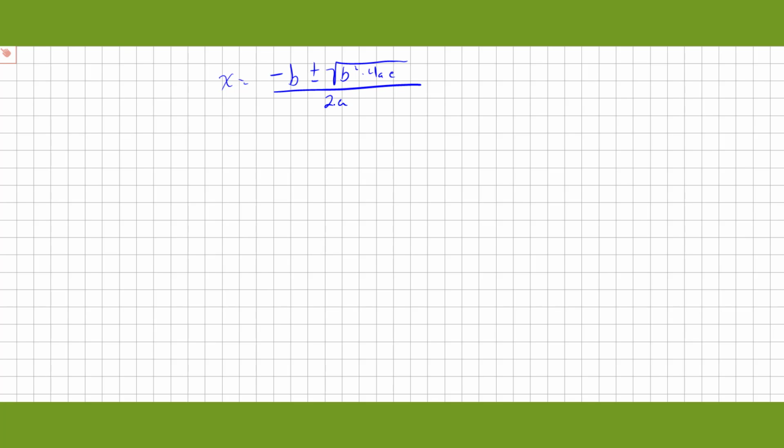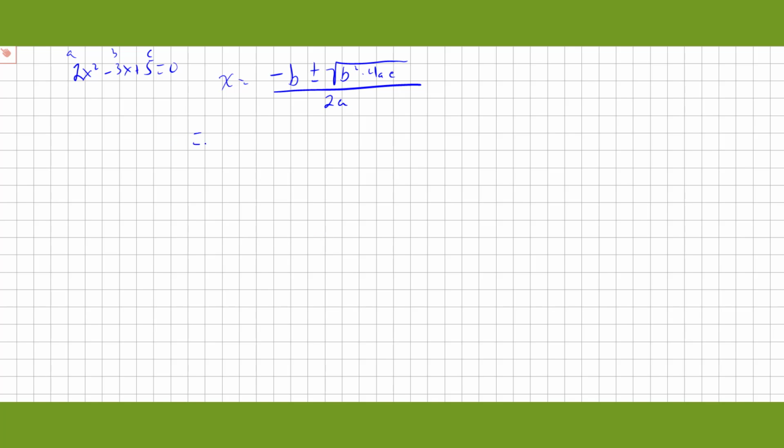And just remember that those zeros have either no solution, one solution, or two solutions, right, around where that parabola hits the x-axis. So we're going to use the quadratic formula, and we're going to start out with this equation, 2x squared minus 3x plus 5, set it equal to 0, and then fill in our a value, b value, and c value.